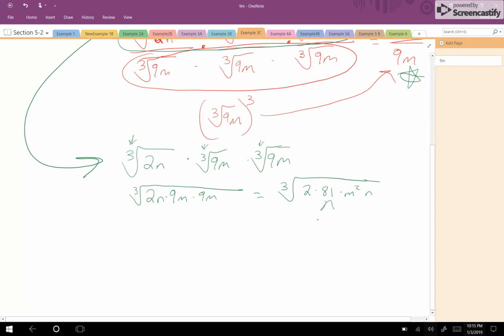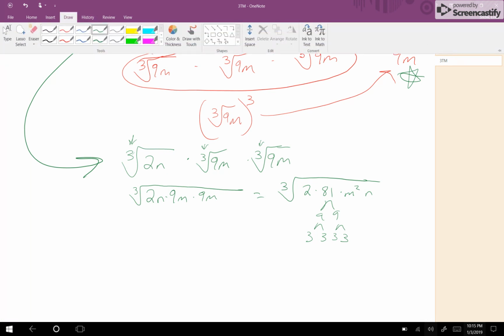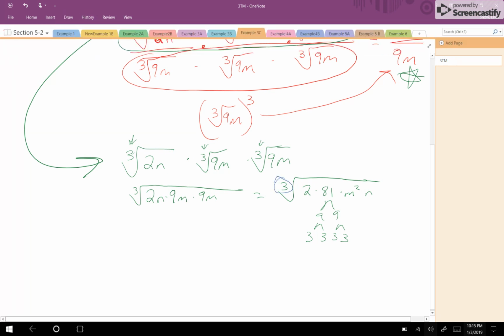So when I break my 81 apart, my 2 is already out there. 81 becomes 9 and 9 again. And then we have a 3 and a 3 and a 3 and a 3. Now remember, we are looking at that 3 there, so we need 3 of these 3's. So that 3 is going to come out front, and then we're going to have our cube root of 2 times 3 m squared n.